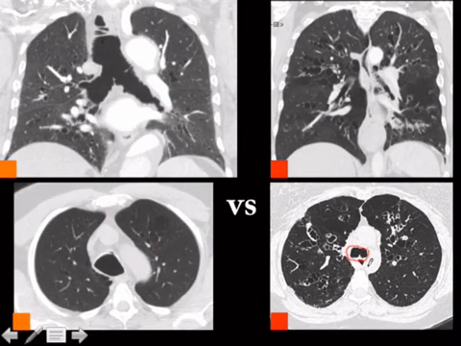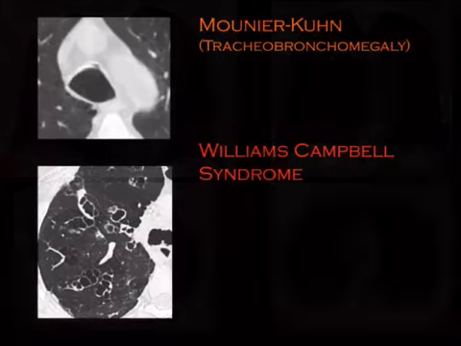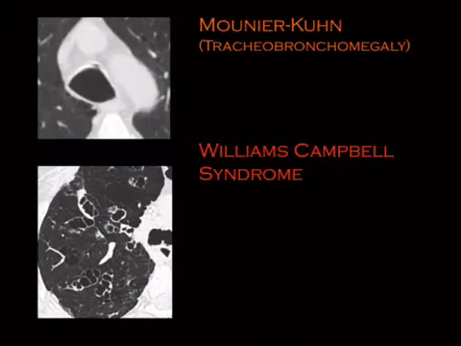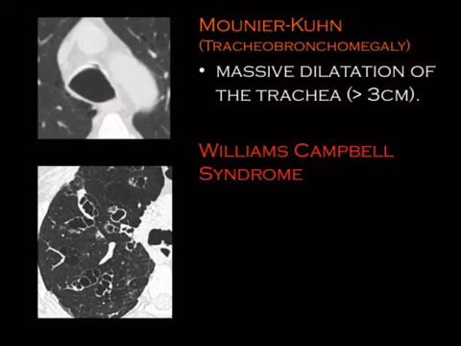But then you've got all this bad bronchiectasis, really severe bronchiectasis. So this is Mounier-Kuhn, which is this massively dilated trachea. That's the only thing that looks like that. And this is Williams-Campbell syndrome, which is an absolute total zebra.